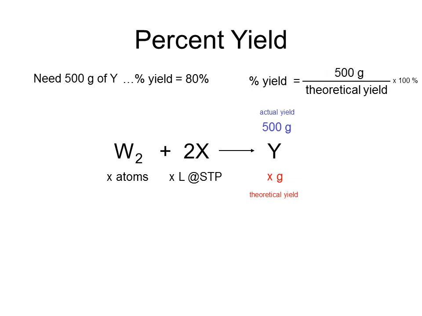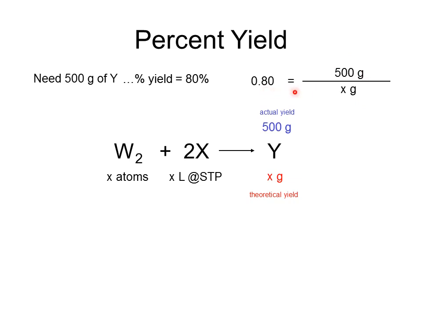So I put 500 grams up here for my actual yield, and I'm looking for the theoretical yield down here, X. Now I'm told that it's an 80% yield, so I'm going to put my 80% right in here. Normally I don't include the times 100%, so if I divide both sides by 100, I get the more traditional way, 0.8, that's 80% as a decimal, equals 500 grams over X. So now I need to solve this.